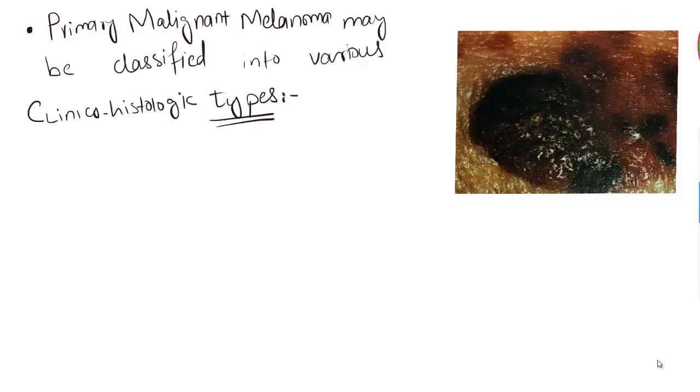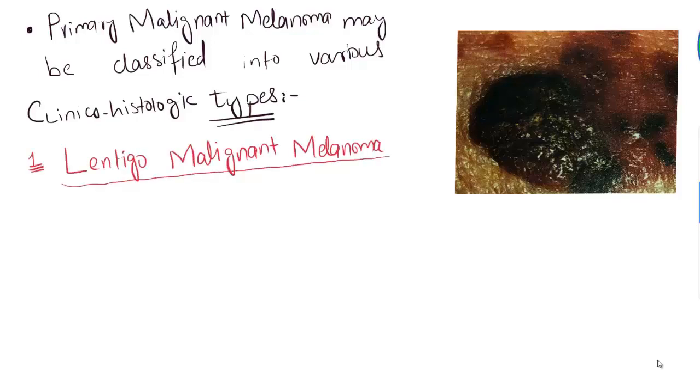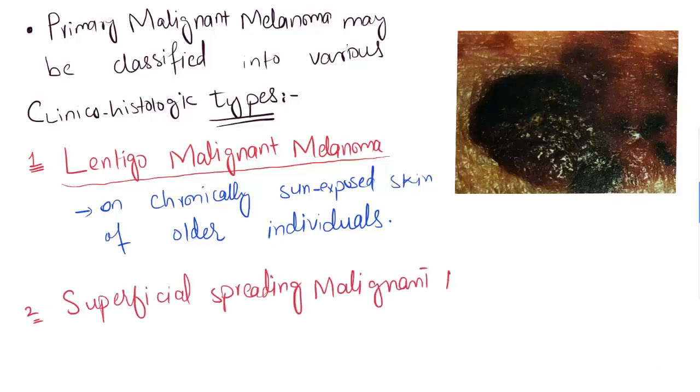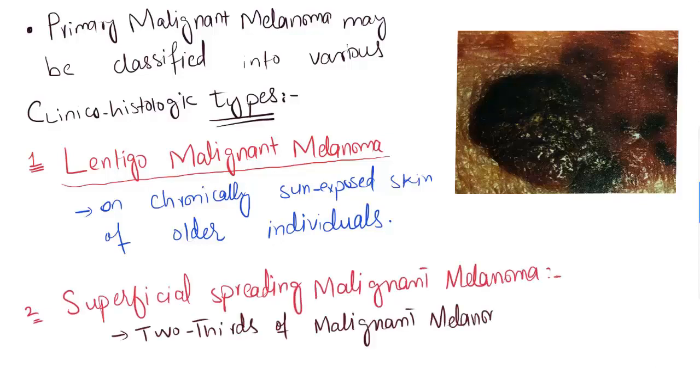Number 1 is lentigo maligna melanoma. This occurs on chronically sun-exposed skin of older individuals. Second is superficial spreading malignant melanoma. Two-thirds of the malignant melanomas arising on intermittently sun-exposed skin are superficial spreading malignant melanomas. Third is nodular malignant melanoma.